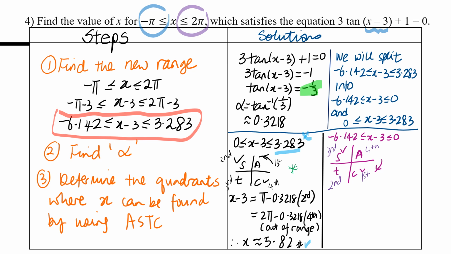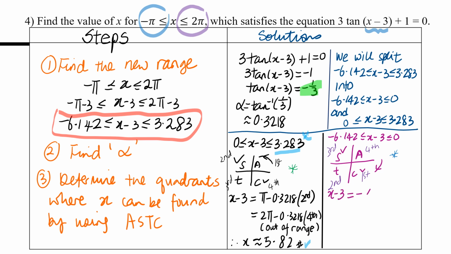But here, because the way you name the quadrants is different, it's no longer second and fourth, it has become third and first.